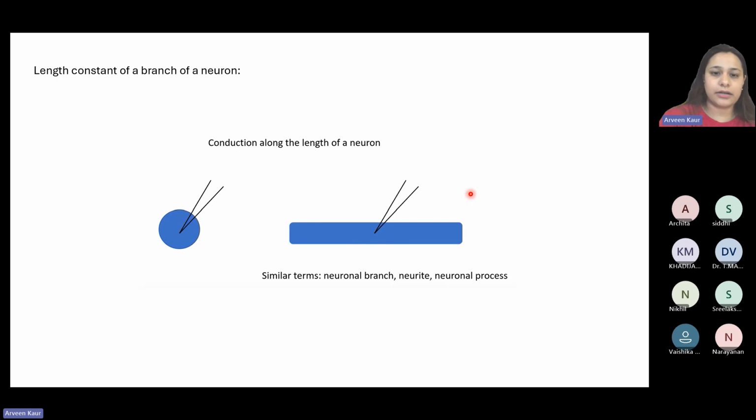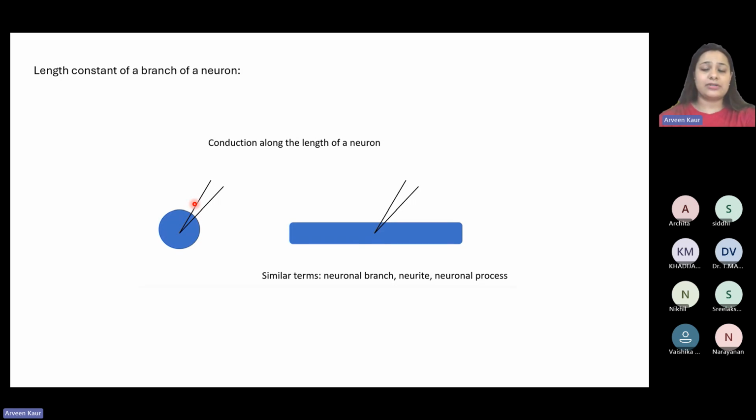Then let's talk about the length constant of a branch of a neuron. So this is what Sir was explaining in his lecture, that when we talk about conduction of electricity or any gradient across a neuron, we usually consider that there is a spherical neuron, we are injecting it at one region and it is radially transmitting across this entire surface.